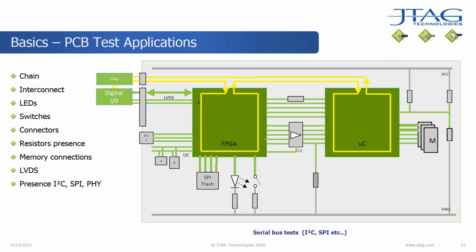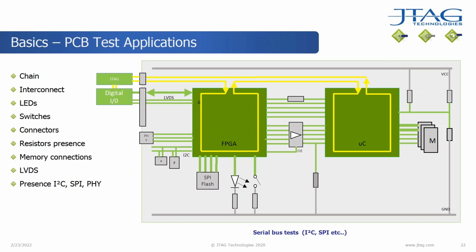Additionally, we can be quite clever in how we use the boundary scan register access, and we can mimic buses like I2C and SPI, and we can use it to test and program I2C devices and SPI devices. So we can program SPI flashes, we could set up real-time clocks over I2C, or we can read values from I2C temperature sensors, or things like that.